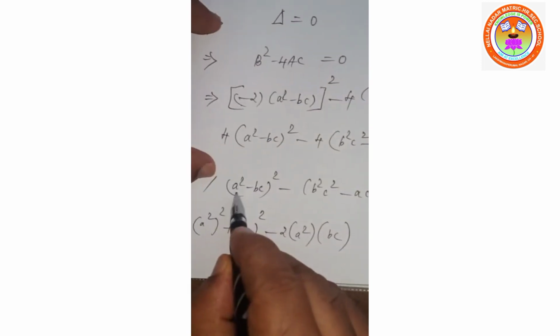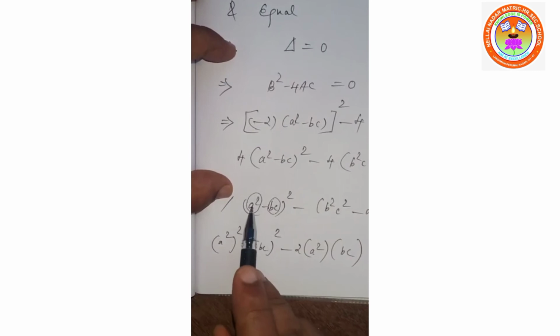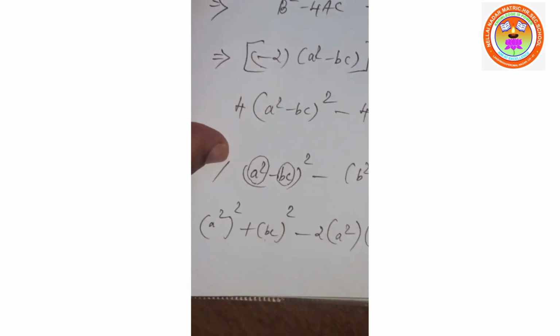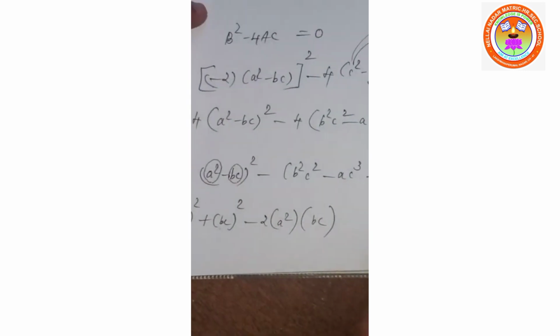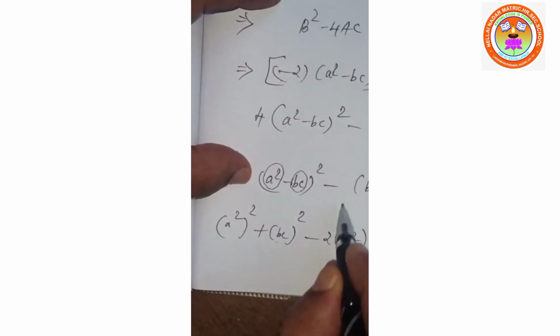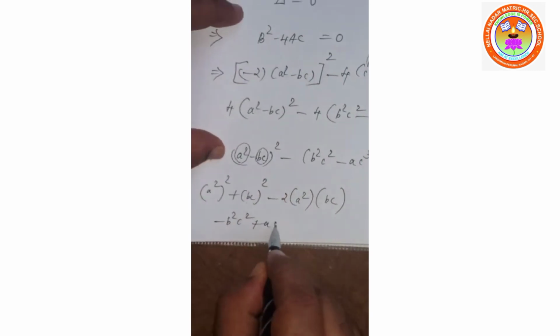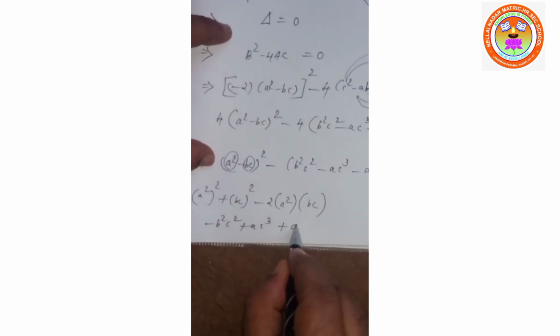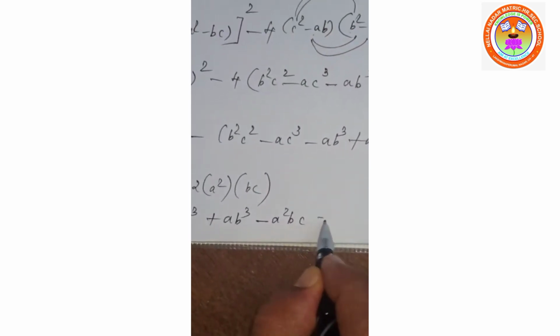Here this is a and this one is b. So a square the whole square, bc the whole square, minus 2 into a square into bc. Then the rest: minus b square c square, plus ac cube, plus ab cube, minus a square bc, that is equal to 0.